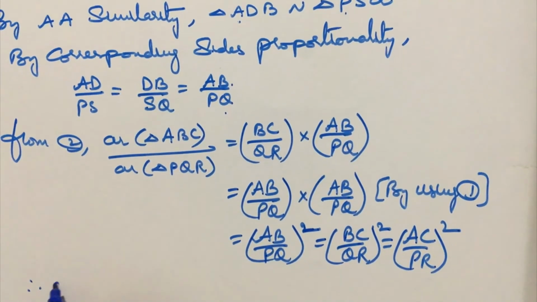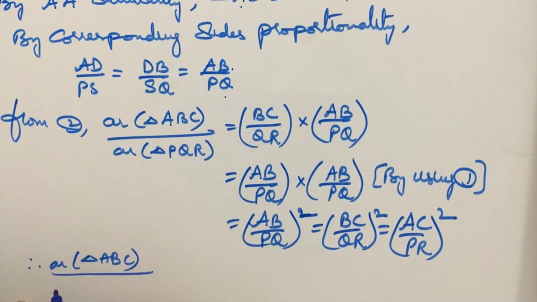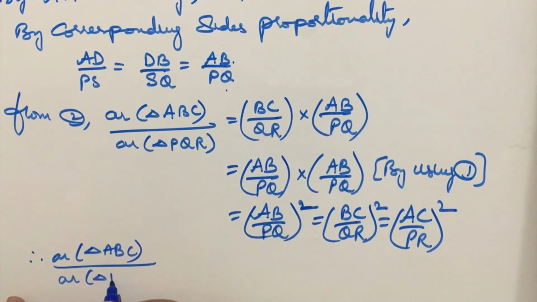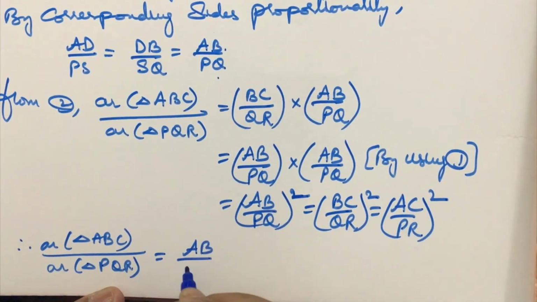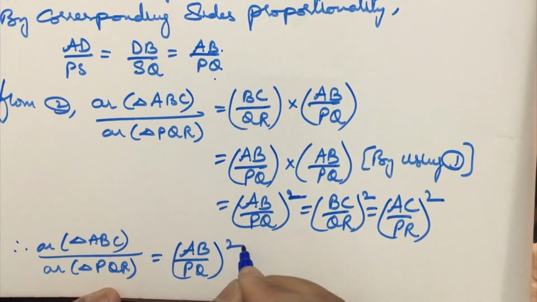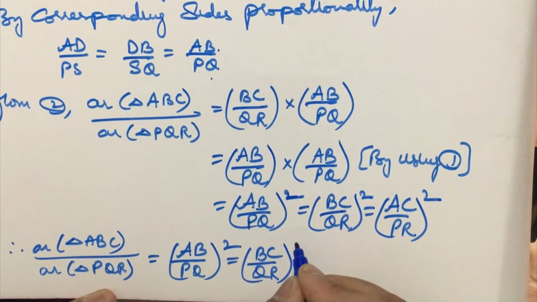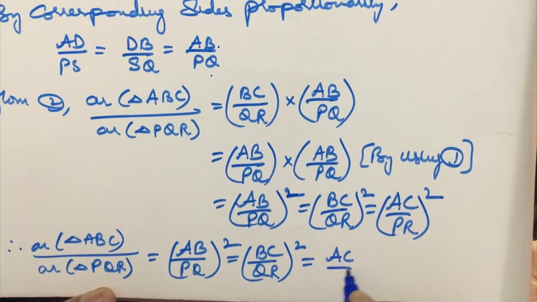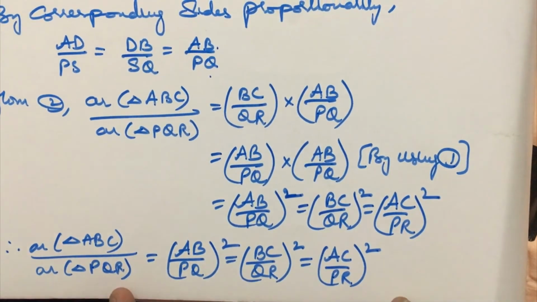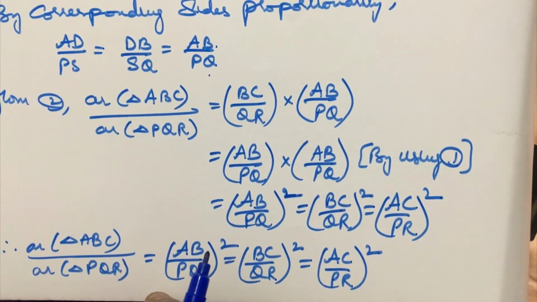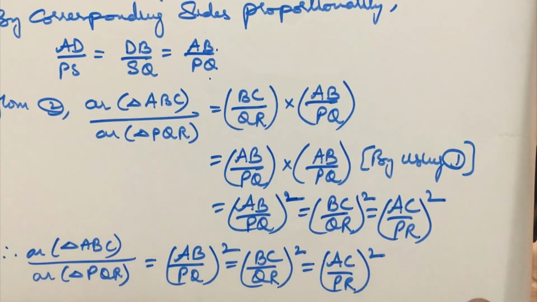Area of triangle ABC by area of triangle PQR is equal to AB by PQ whole square, that is equal to BC by QR whole square, is equal to AC by PR whole square. So by looking at this we can say that if two triangles are similar, the ratio of their areas is equal to the ratio of the squares of their corresponding sides.